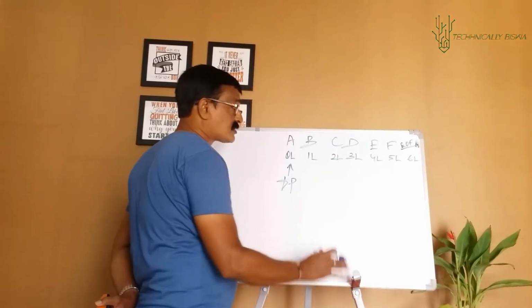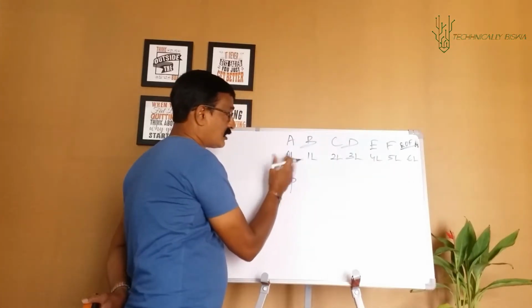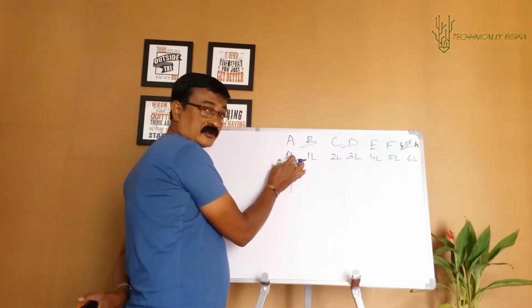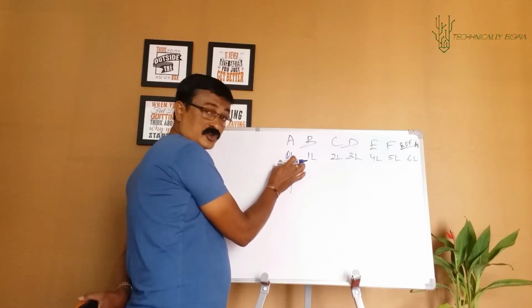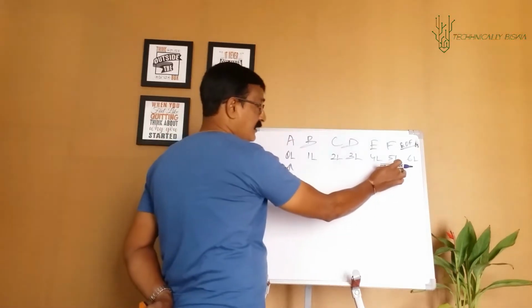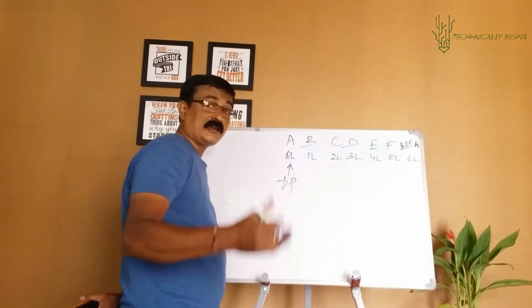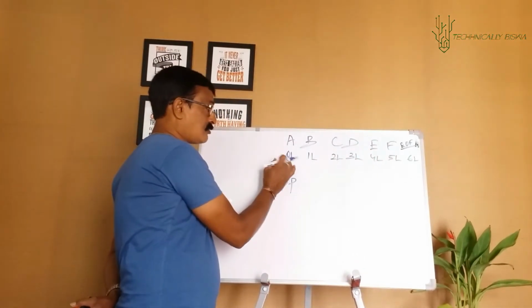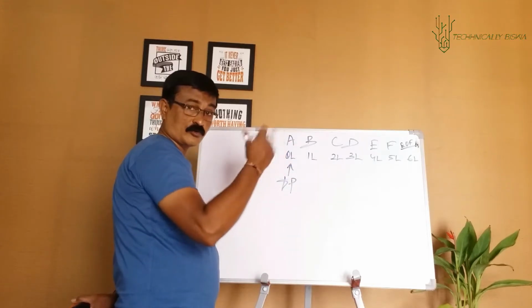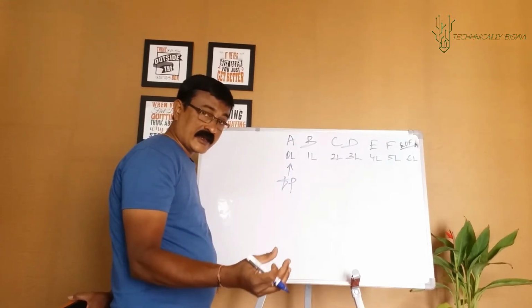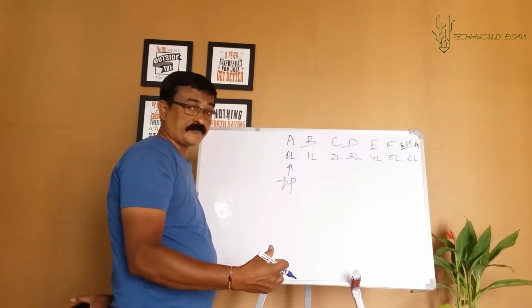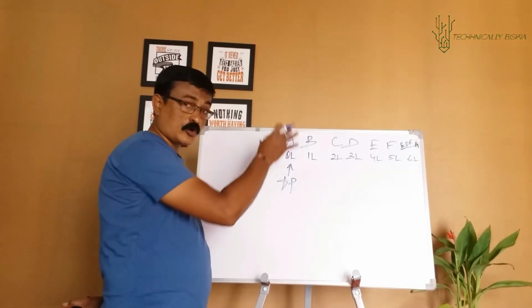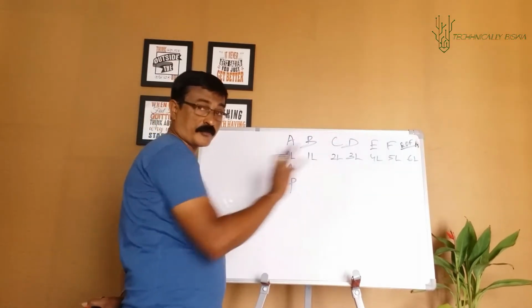Now we know for sure if we are moving backward, we will be coming to which character? Which position? 0L. So I get this position, and from this position I need to move backward towards 0L character-wise, and read a character, display it. Got it? This is going to be the whole process.